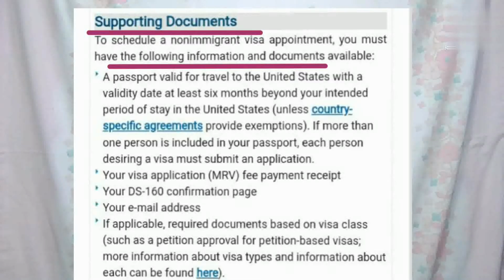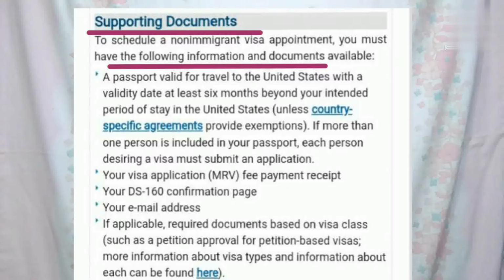First, a passport valid for travel to the United States with a validity date at least 6 months beyond your intended period of stay in the United States, unless country-specific agreements provide exemptions. If more than one person is included in your passport, each person desiring a visa must submit an application.